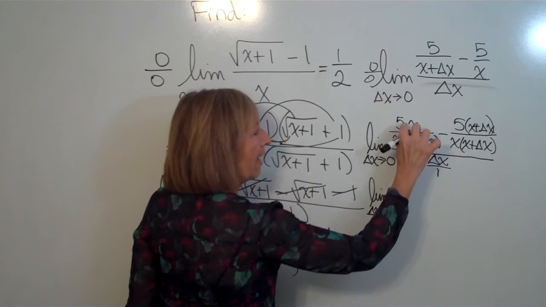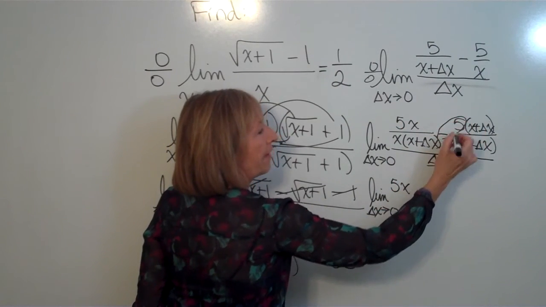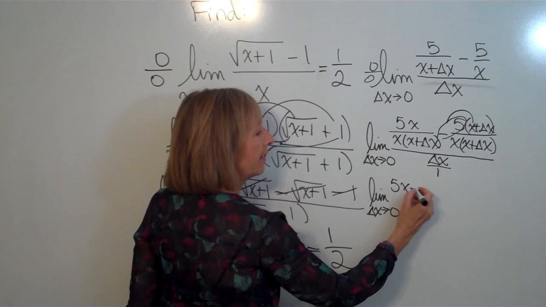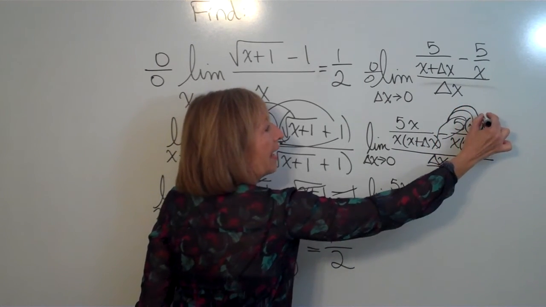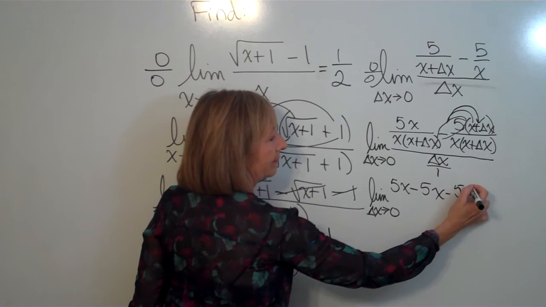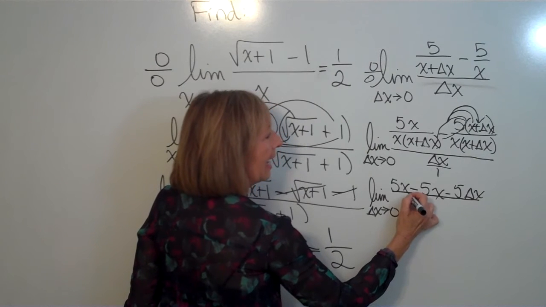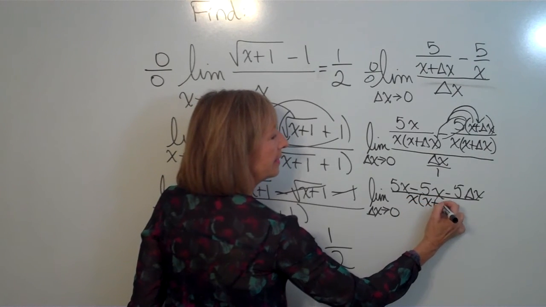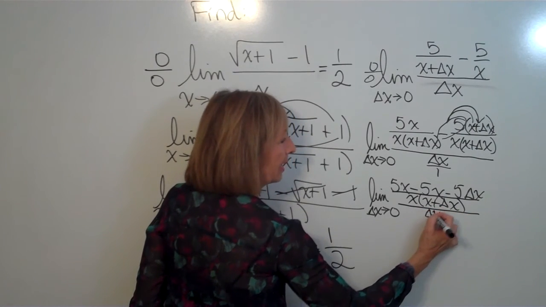of, so I have 5x, and take that minus with the 5. So minus 5x minus 5 delta x. And that is over x times x plus delta x, and that is over delta x over 1.